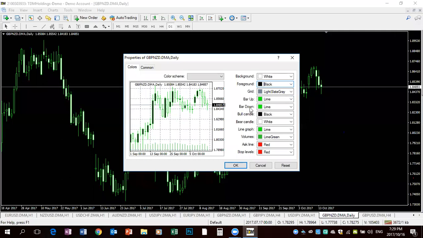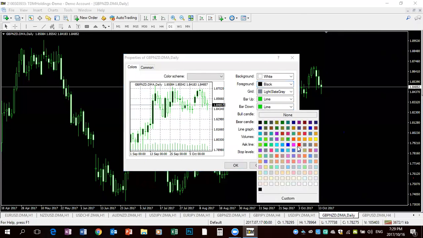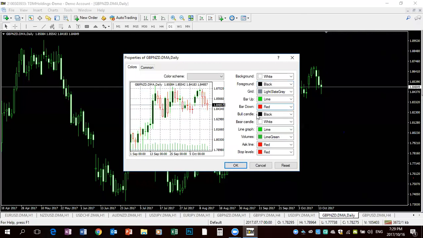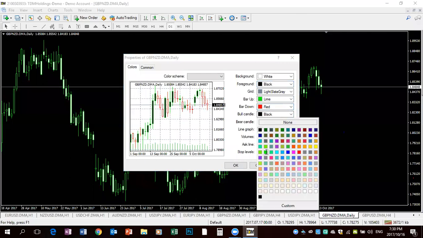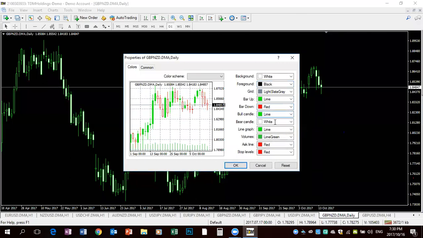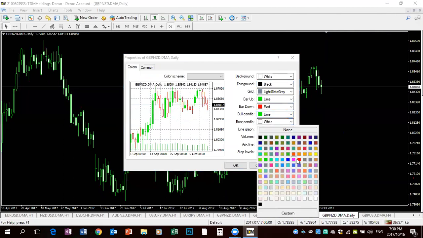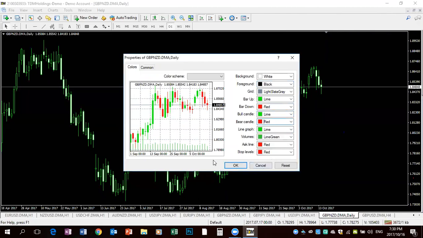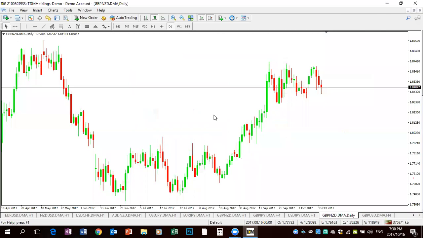All my candles that are going down, my bar down, I want to make them red. Okay. All my bull candles must be the same as bar up, so I want to make them lime. All my bear candles, I want to make them red. All right. And everything else, I will just leave it as it is. Now I will just say okay, this is how I have set my chart.